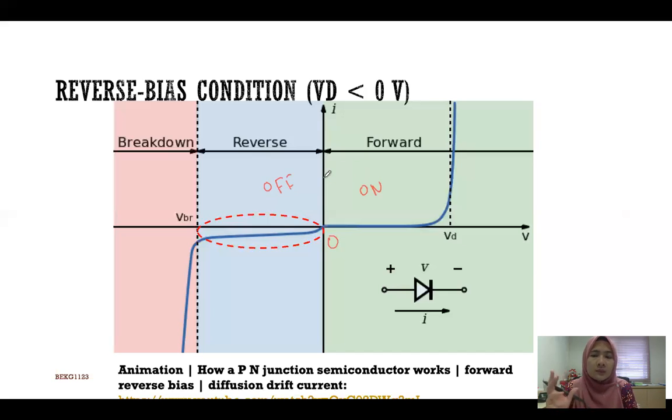So this is what it means by a diode acting like a switch. In the forward bias condition, it acts as on. In the reverse bias condition, it acts as an off switch.